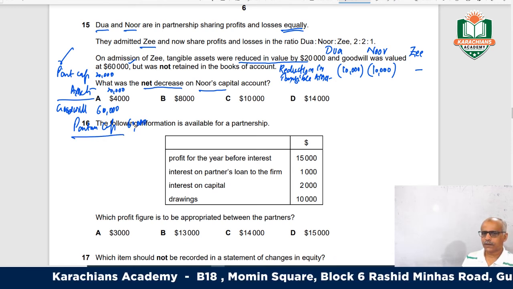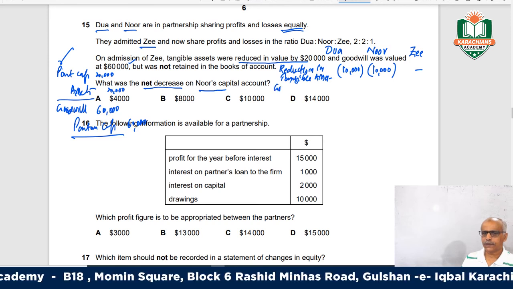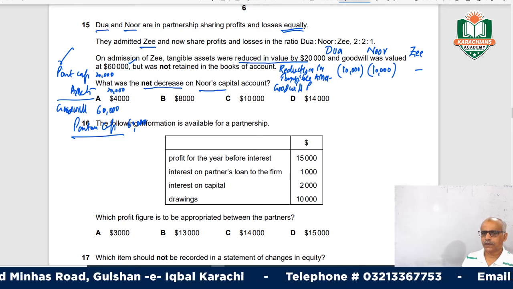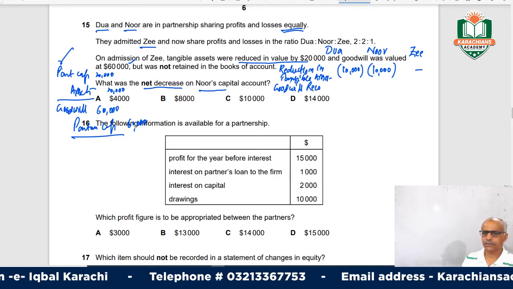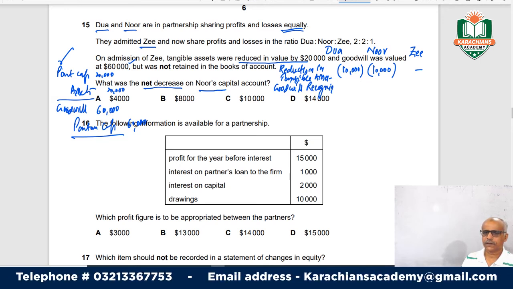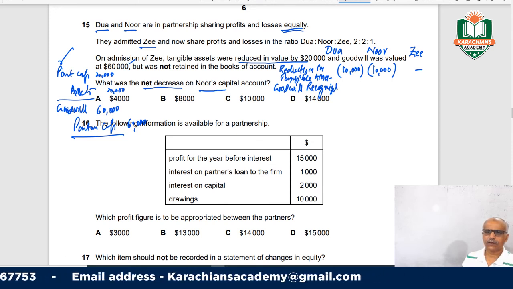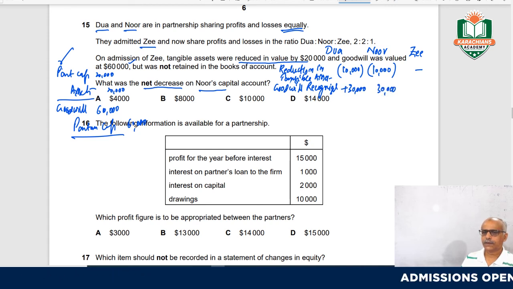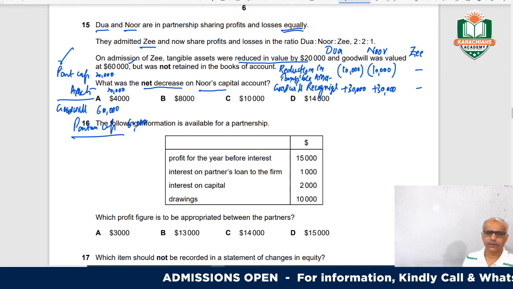So goodwill recognized 60,000. They are equal, so 30,000 will be credited to him, and 30,000 to the other, and no benefits will be given to Z.